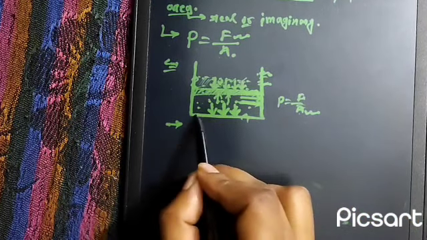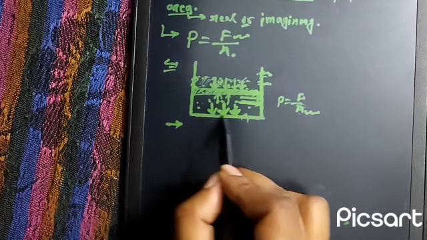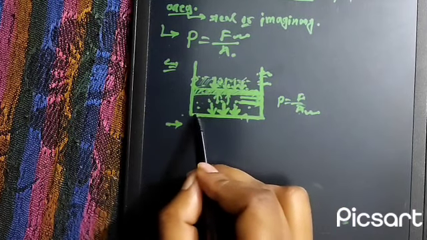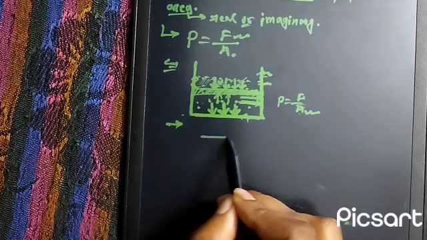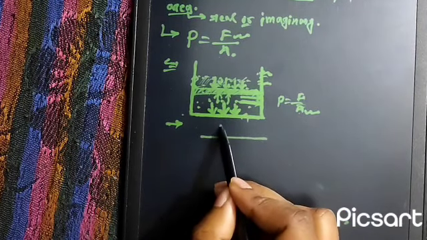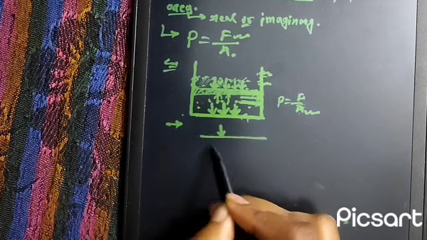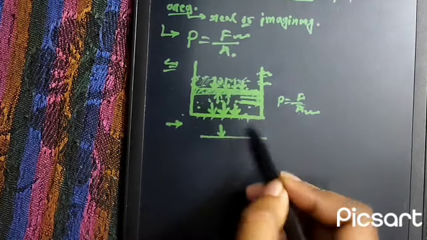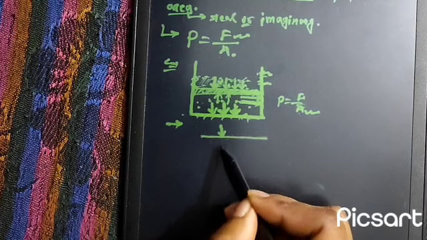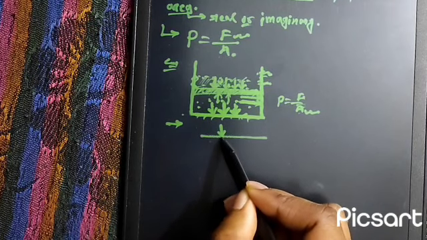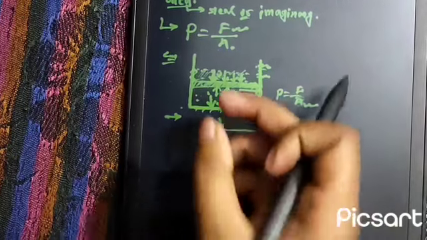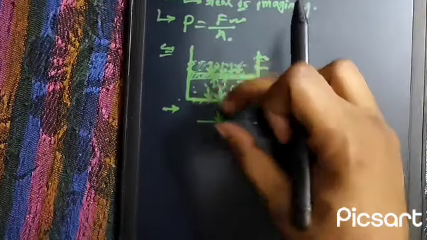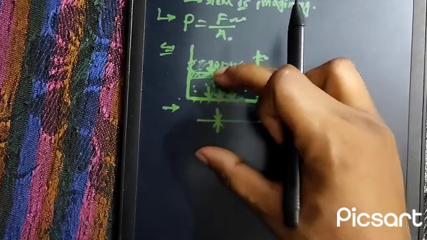If we consider that surface and see the free body diagram, the pressure force is P, and the ground also exerts a force, and these two forces are compressive in nature.